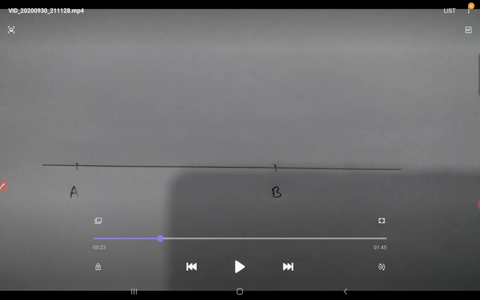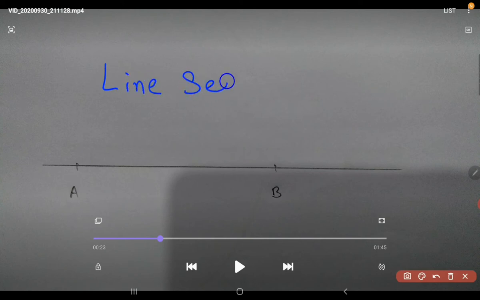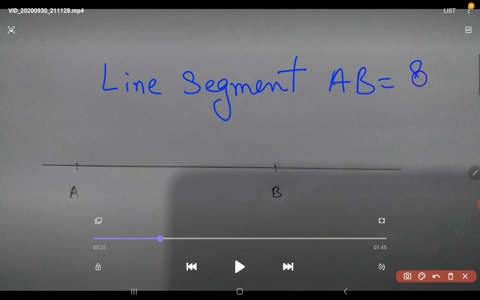So I can write line segment AB is equal to 8 centimeter.